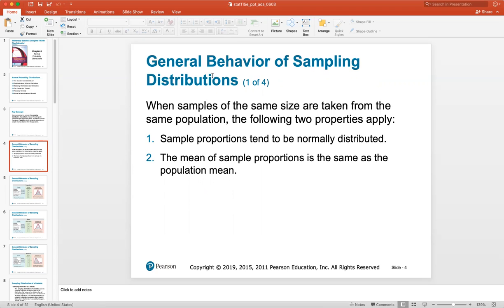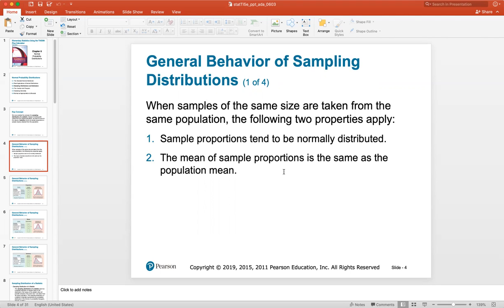We see that when samples of the same size are taken from the same population, the following two properties apply. The first one: sample proportions tend to be normally distributed. What does that mean? The probability distribution of sample proportions has a bell shape.